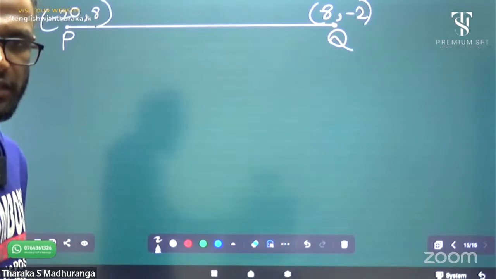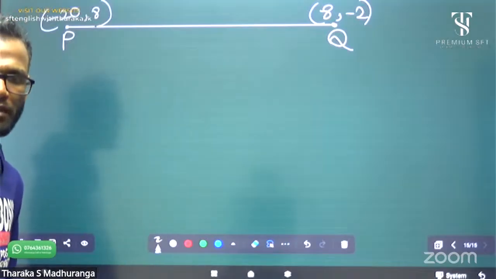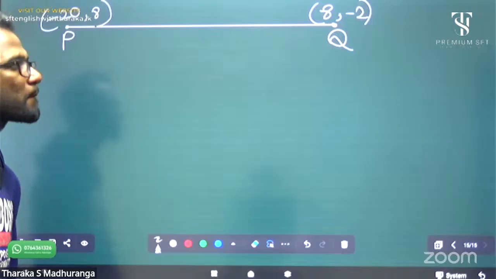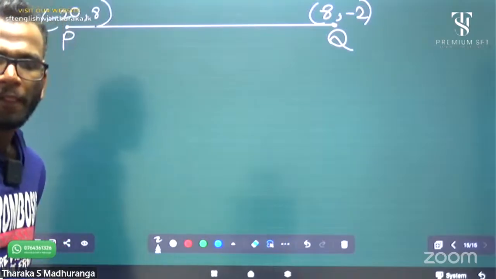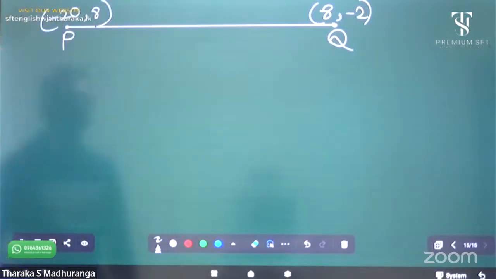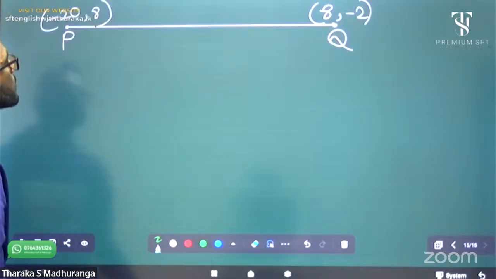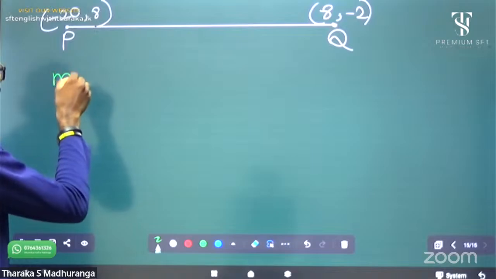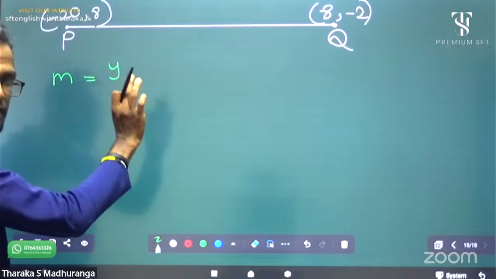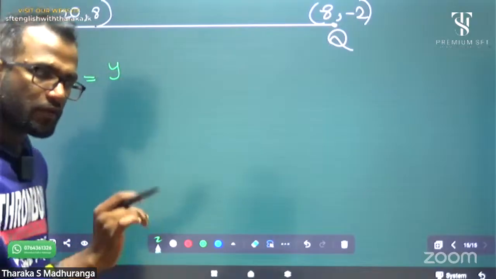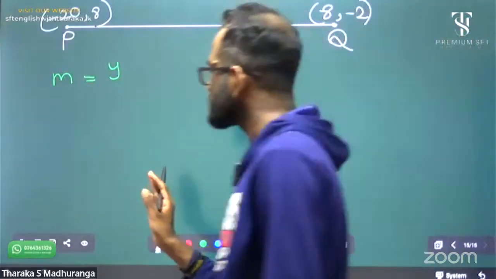Okay. What's the gradient of PQ? Gradient equals, very easy. Remember, not x coordinate difference divided by y coordinate difference, that's wrong. Y coordinate difference divided by x coordinate difference, that's compulsory.